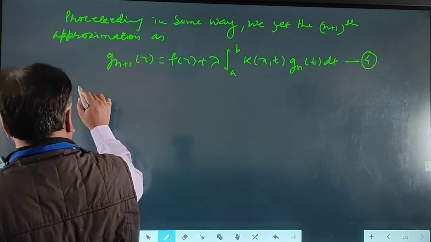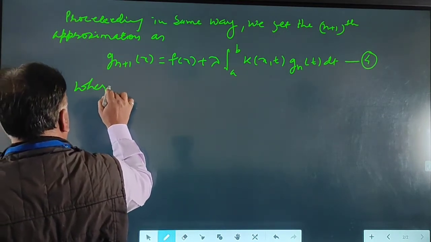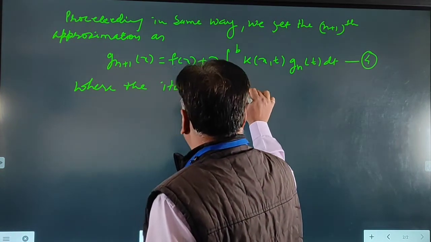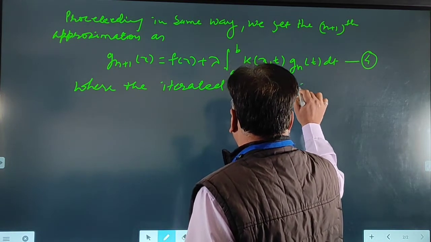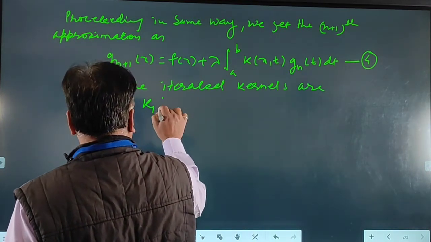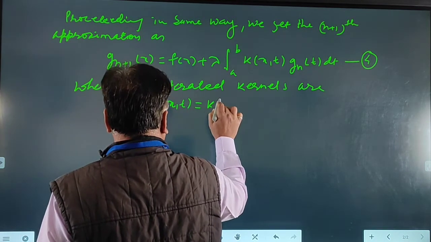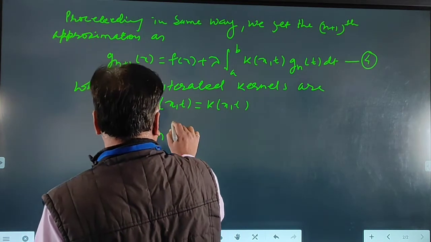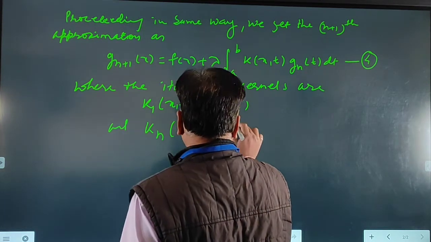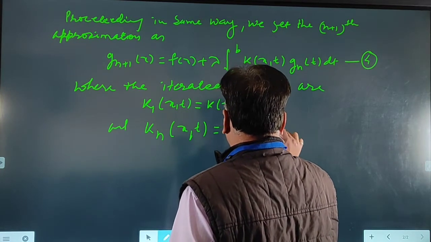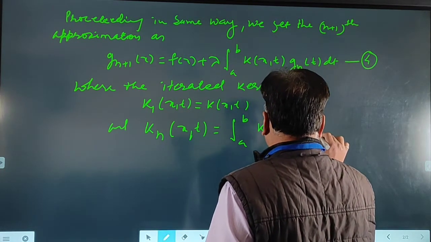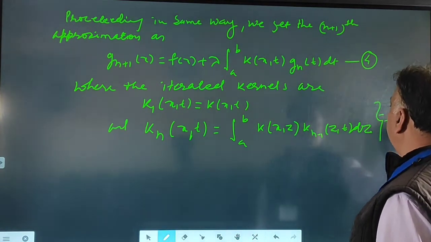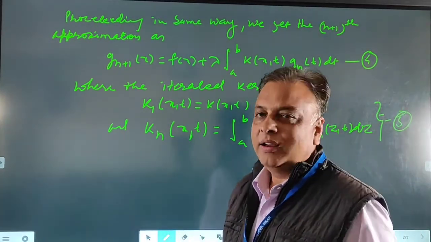So the iterated kernels are, as we know, K1(x,t) = K(x,t) and Kn(x,t) = integral a to b K(x,z) K(n-1)(z,t) dz, equation number 5. These are the iterated kernels.